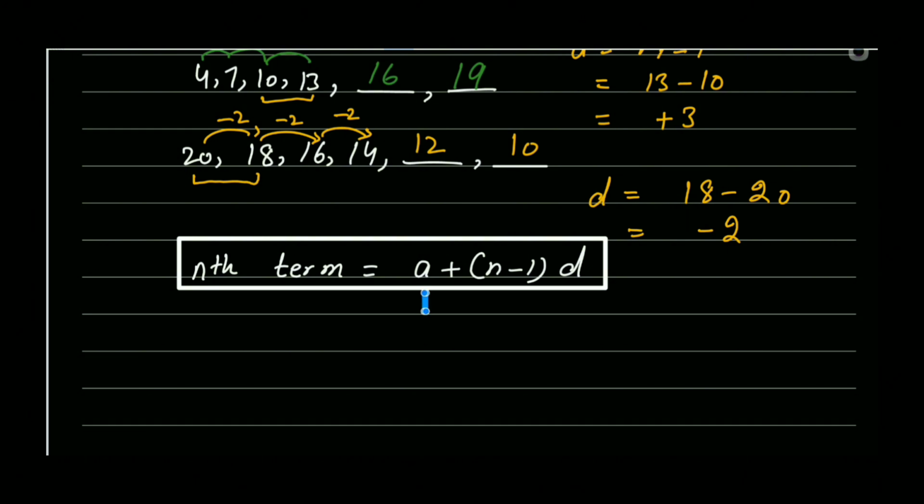A is the first term of the sequence, n is the term number, and d is the common difference.